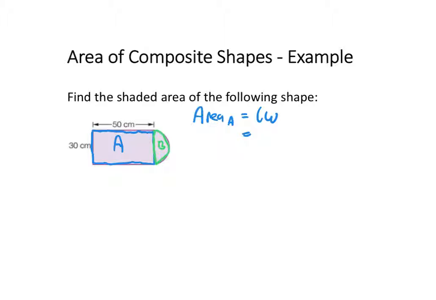Going back to the diagram, I know that the length is 50 centimeters and the width is 30 centimeters. So I'll substitute those values in. The area is going to equal 50 times 30, which is equal to 1,500 centimeters squared.